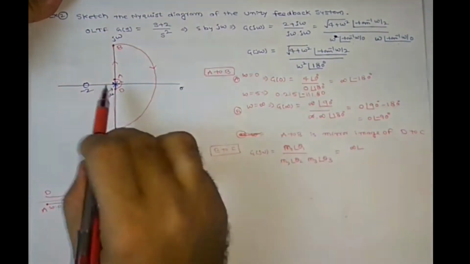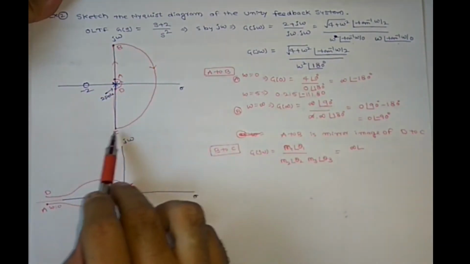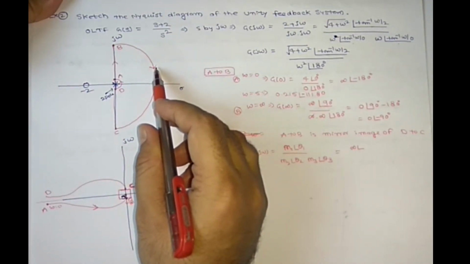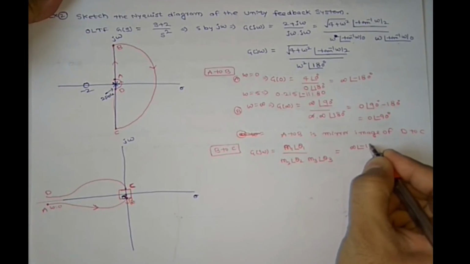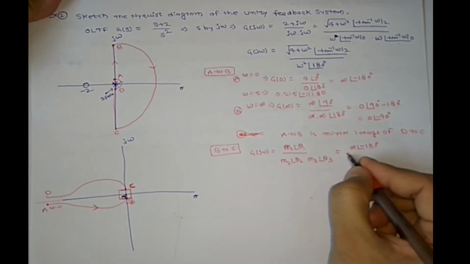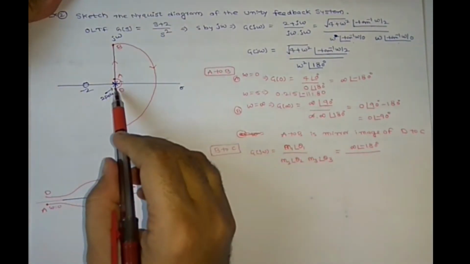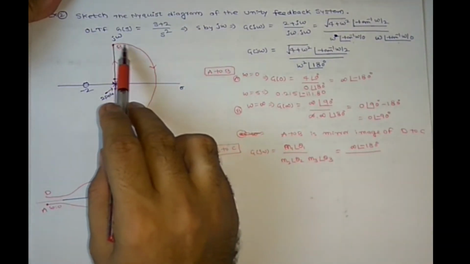Infinity. And how much angle is it making? Clockwise direction, means minus 180 degrees. And now one more pole here, how much angle is it making?